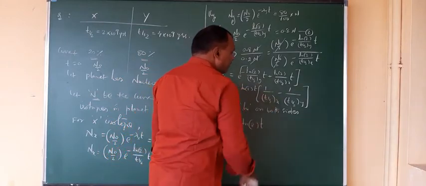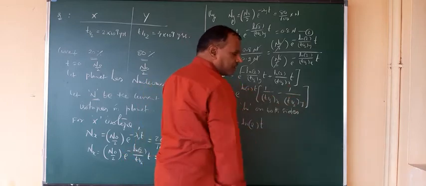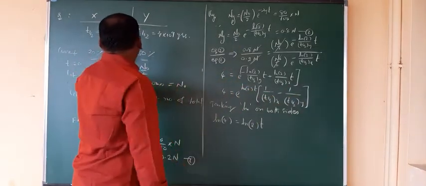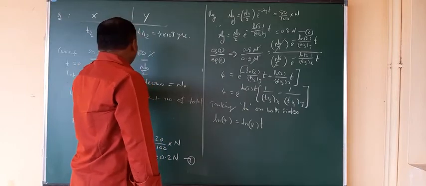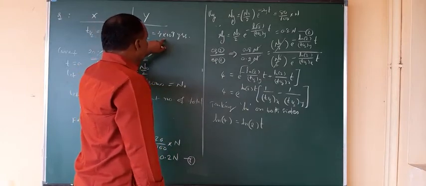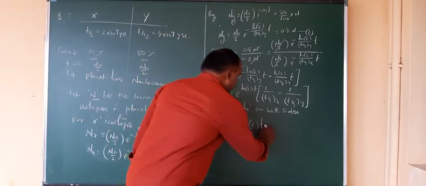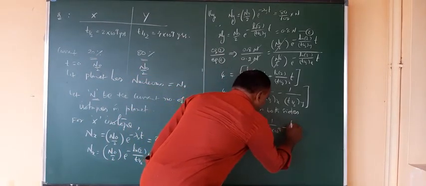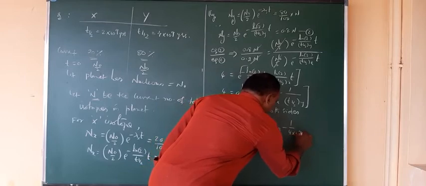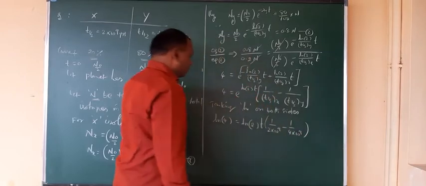So 1 by T of x minus 1 by T of y. These values are already known. T of x is 1 by 2 into 10 power 9, and here 1 by 4 into 10 power 9. So this is what we have: 1 by 2 into 10 power 9 minus 1 by 4 into 10 power 9.